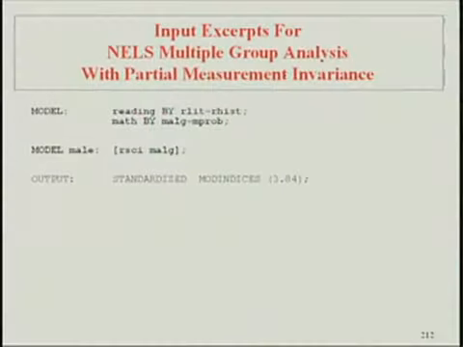We add a direct effect to the MIMIC model to take that into account. What do we do in a multiple group model to take that into account? Well, we add the intercepts. You'll note that I do this in model male, because we could have done it in model female for the observed means, but for latent means, they're fixed to 0 in the first group, and you have to actually refer to them in the first group if you want them to be other than 0, but we'll see that.